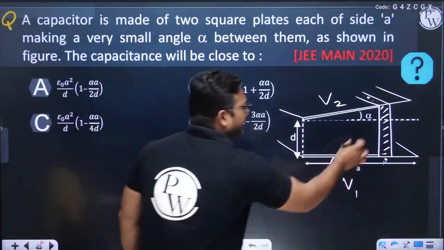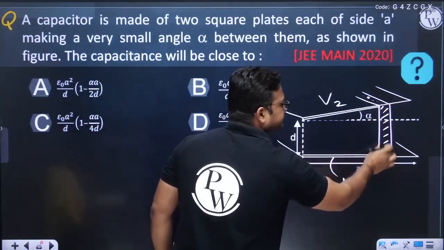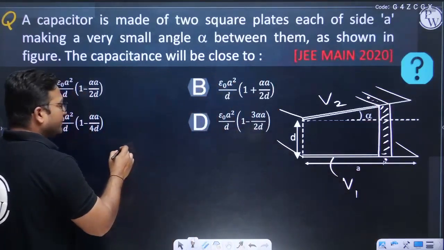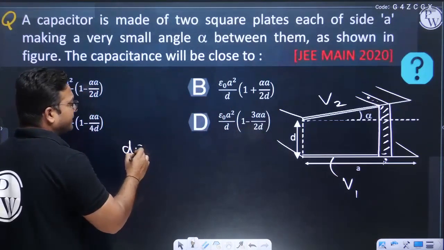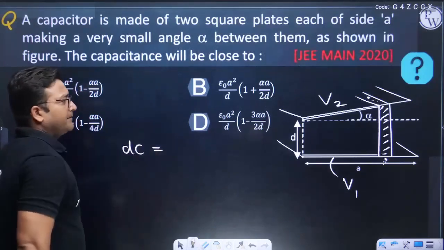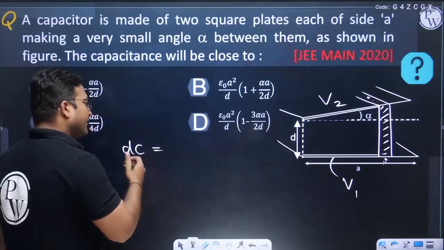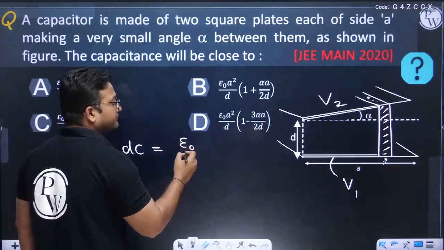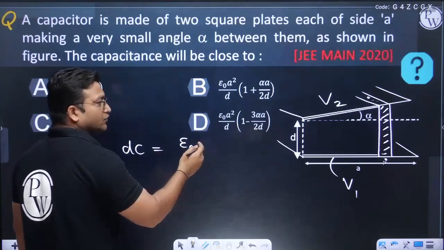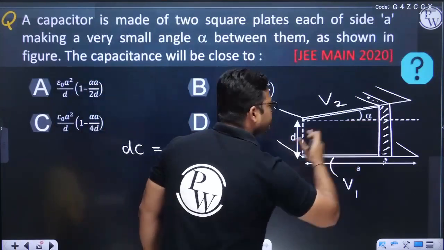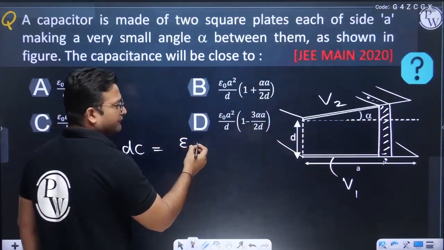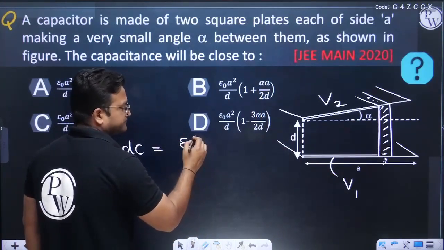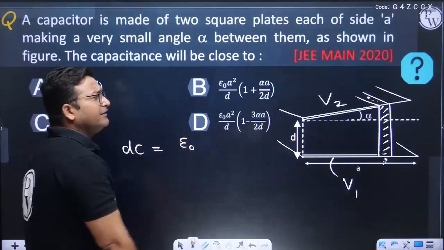Let me write the capacitance of this element. Let's say that capacitance is dC, and according to the formula, the capacitance equals epsilon naught K times area over distance. Here we have air, so the relative permittivity is 1. The area is a little tricky.